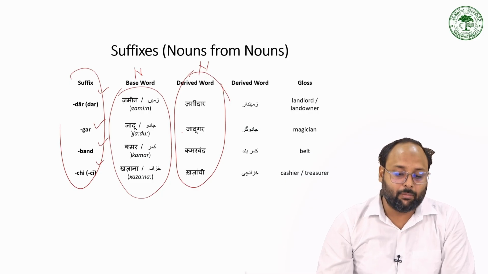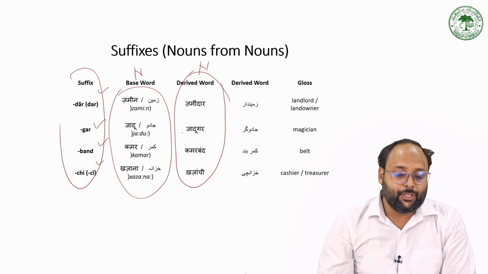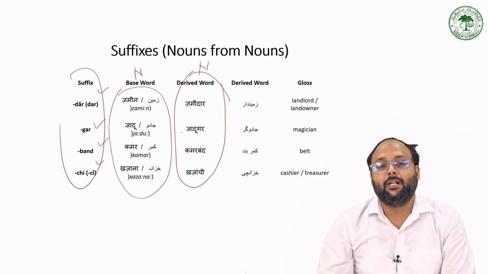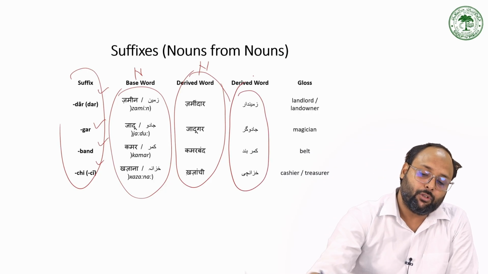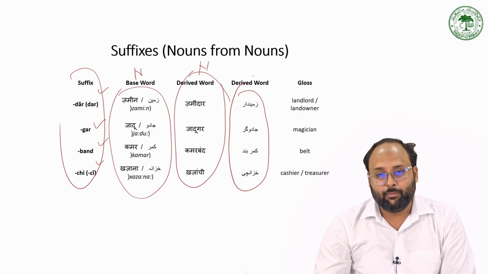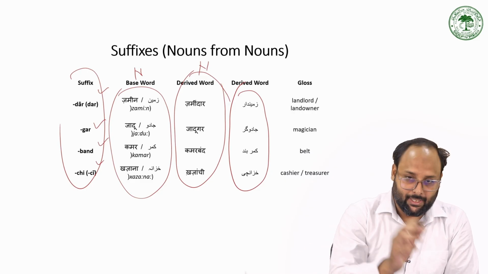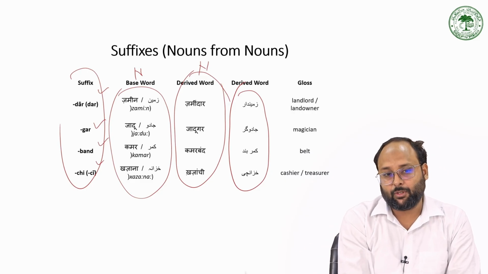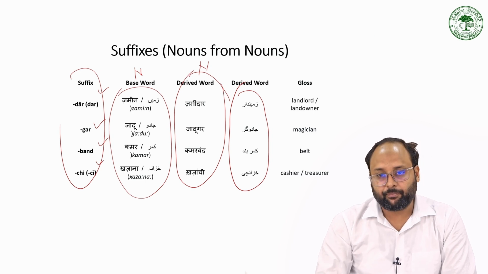When we add the band in kamar, it becomes kamar band. When we add the chi in khajana, it becomes khajan chi. So these words are also used in both Hindi and Urdu: Zamindar, Jadugar, Kamarband, and Khajanchi. So they derive from another noun by the suffixation process. And these are the suffixes that we use to derive those words.